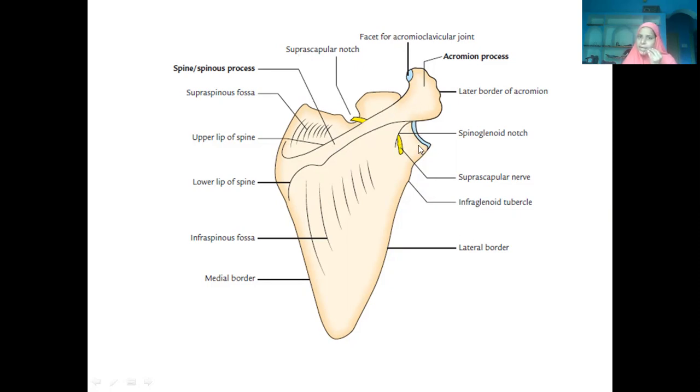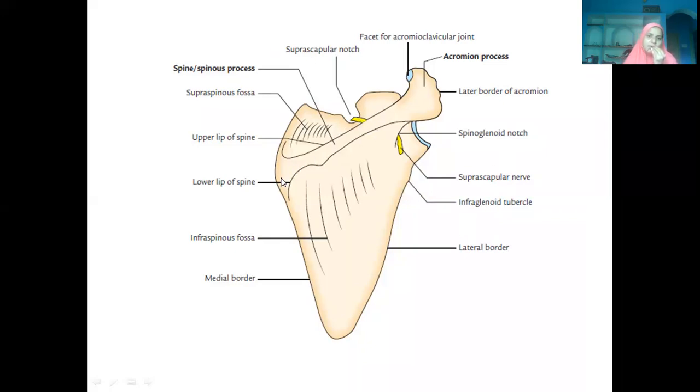Between the glenoid cavity and the spine of the scapula you can see the nerve in yellow color coming here. That means you can keep your finger like this. There is a notch which is sometimes also called the neck of the scapula. I told you the scapula is an irregular type of bone. At this neck of the scapula, one nerve is passing, that is the suprascapular nerve.